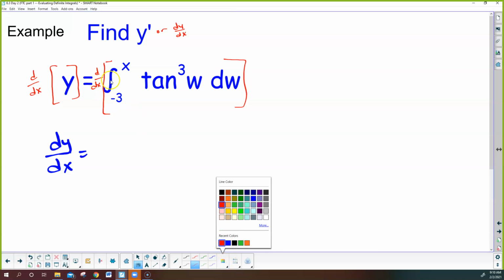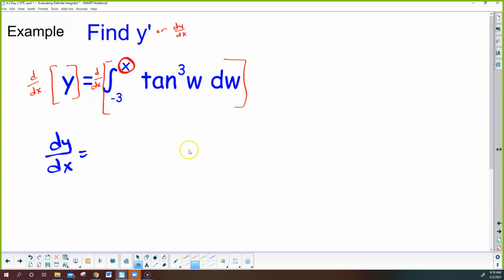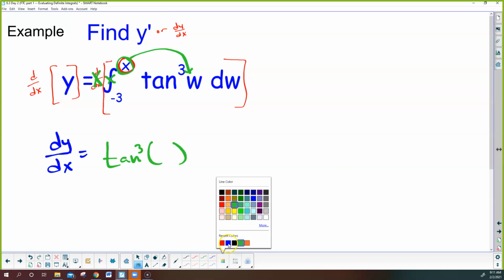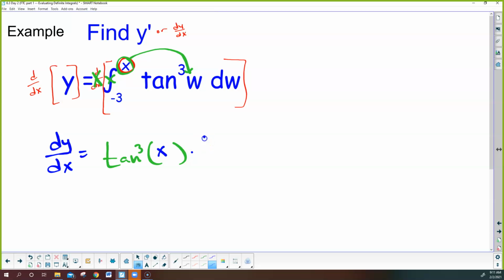And the derivative of an integral is just going to say, take this x value, and notice it's on top, so that's a good thing, and plug it in, and the derivative and the integral are going to reduce each other out, and all I'm left with is the exact function we started with times x. Now notice, it's not w, the x is going into place, and then I should write over here, it's times dx/dx, because what's the derivative of x? It's 1.